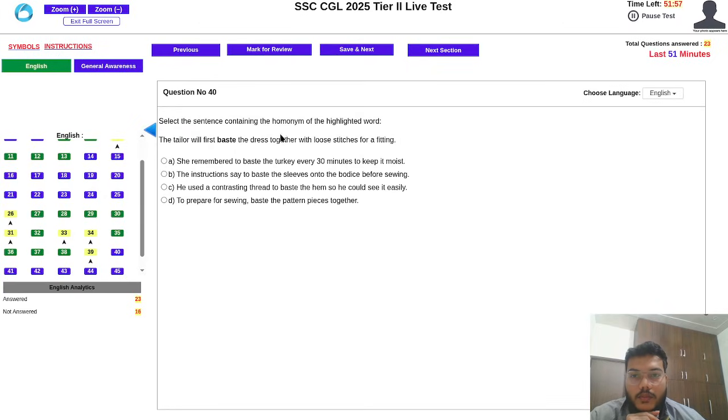Select the center in the home window. The tailor will first paste the dress together with loose stitching for repeating.